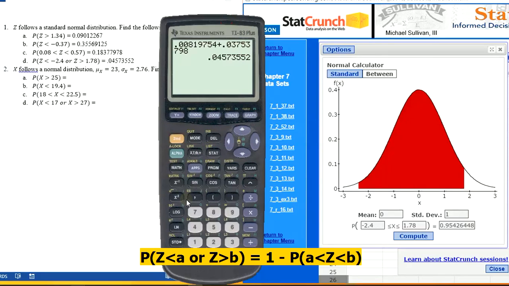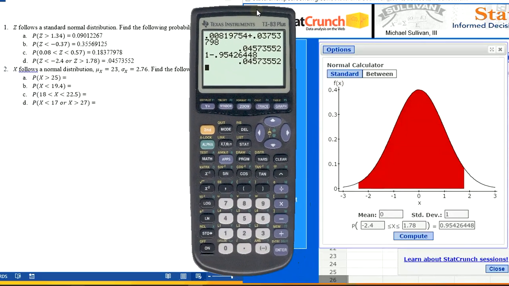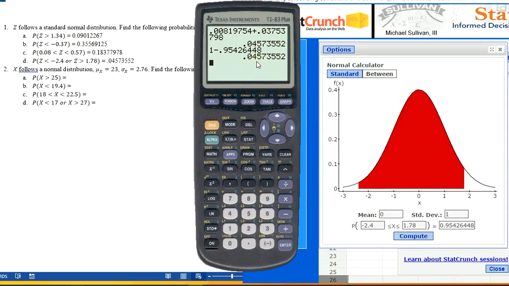So we can type 1 minus 0.9542648, and we'll get our answer that way as well. So both ways will give you the correct answer. I think this way is a little bit easier, so I'm going to do that for the next example.